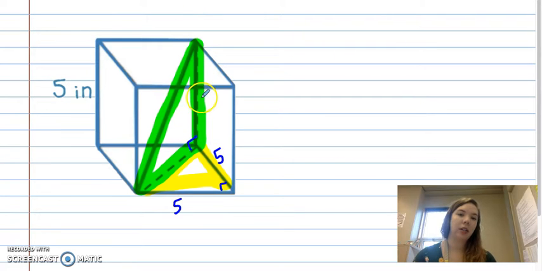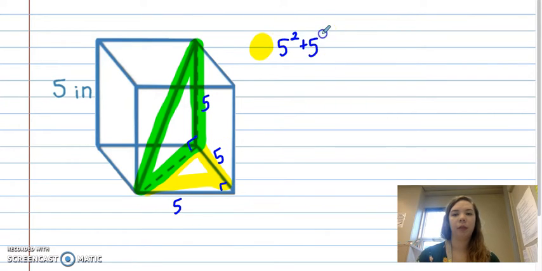Okay, so what I need to do, this length here is 5, because it's one of our blue lengths. But I need to find the hypotenuse of this triangle, of the yellow triangle, and that ends up being a leg of the green triangle. So if we're going to start with the yellow triangle, I would do 5 squared plus 5 squared equals c squared.